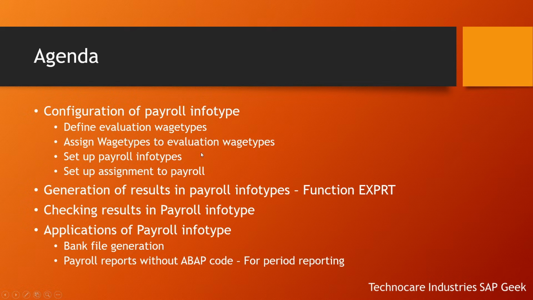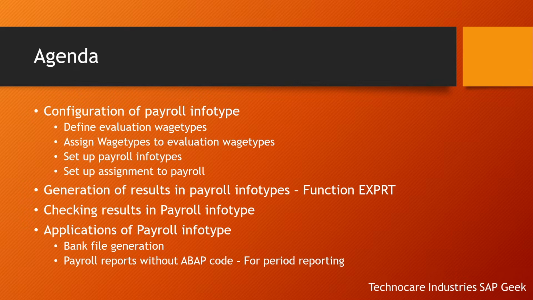Third step is to set up payroll infotypes. This is the main step where we define in our particular payroll infotype what all evaluation wage types would be present. When I say payroll infotypes, we can configure n number of payroll infotypes. One might be for, let's say, a summary of Form 16, or another might be for, let's say, loans, right?